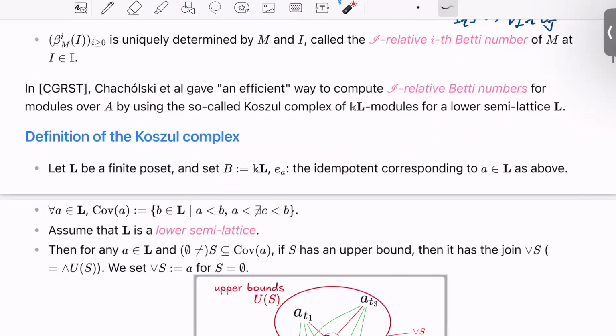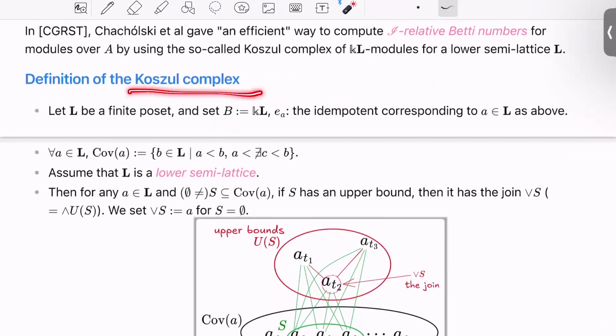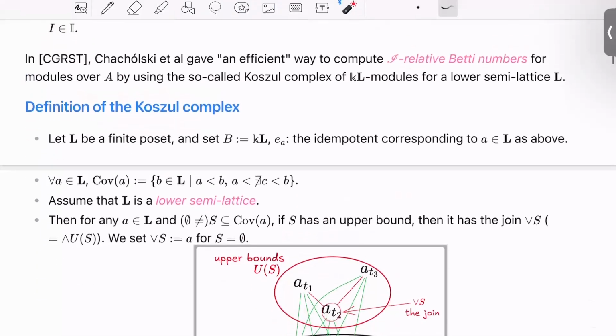So I have to review what the Koszul complex is. Now let L be a finite poset and B the poset incidence algebra of L. I made a definition of this, but it disappeared. Let e_a be the idempotent corresponding to the element a.